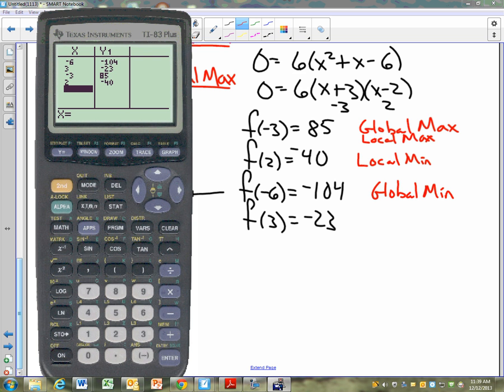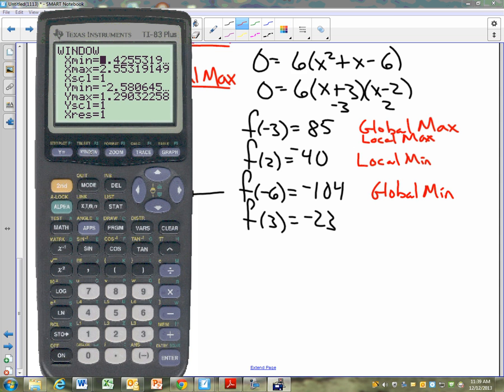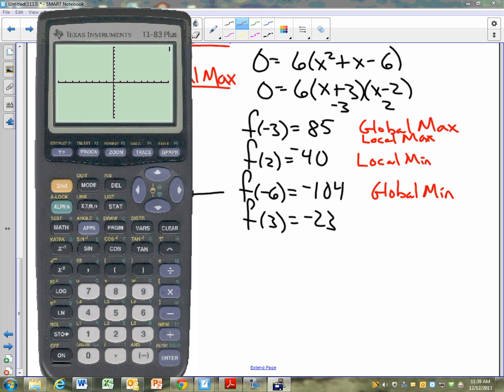Well, if we were to graph this, okay, so just to end here, this is Elizabeth's question.